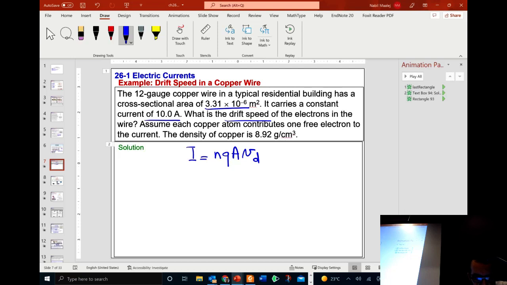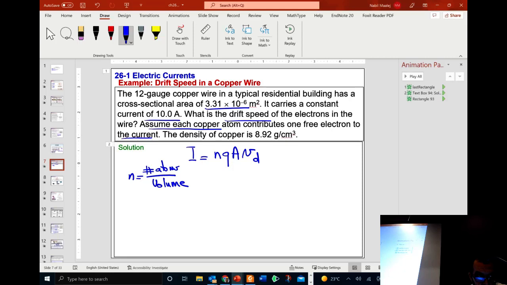It says assume each copper atom contributes one free electron to the current. In other words, if I want to determine the number of charges per unit volume for this metal, I need to determine the number of atoms per unit volume. So n is the number of atoms or charges per unit volume.